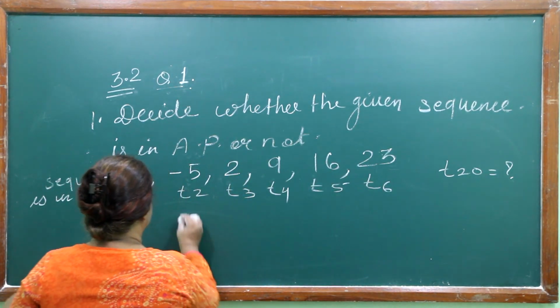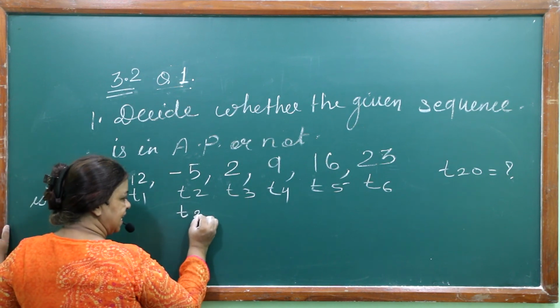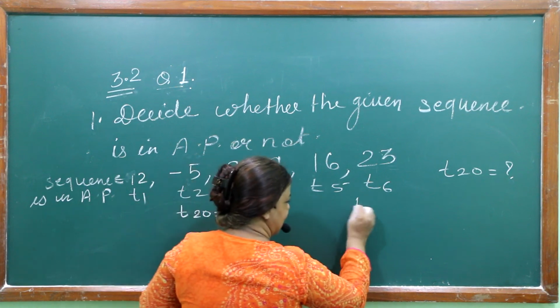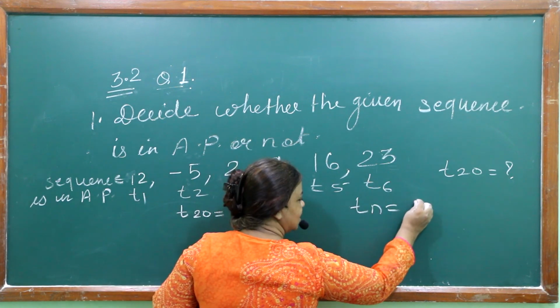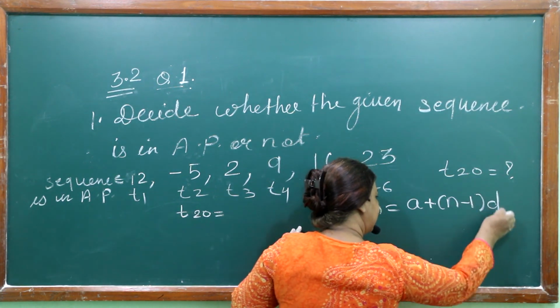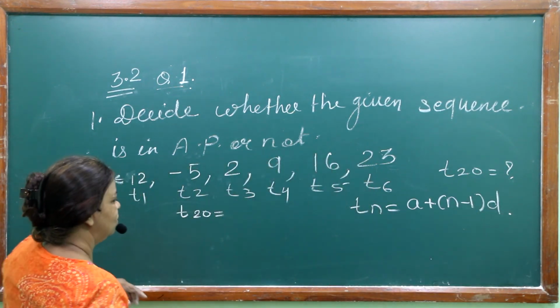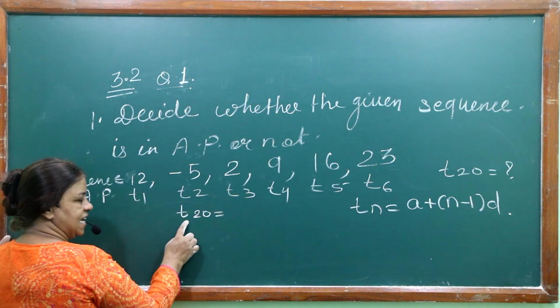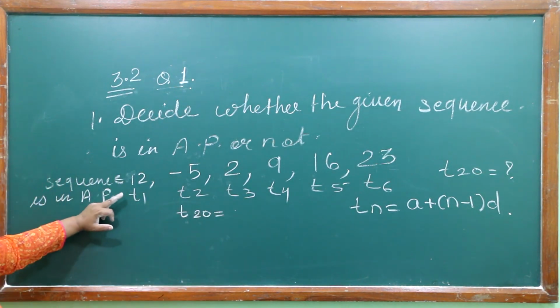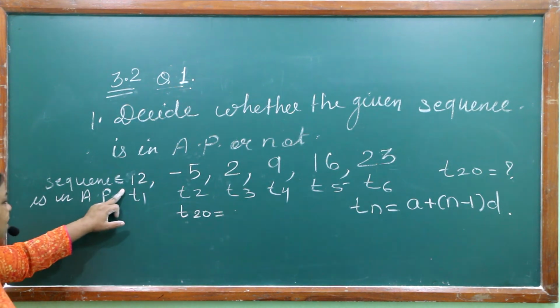See, for finding the T20 term, which formula will I use? Everyone can answer: Tn is equal to A plus (n minus 1) into D, correct? So in place of Tn, I'll write T20. A is minus 12.